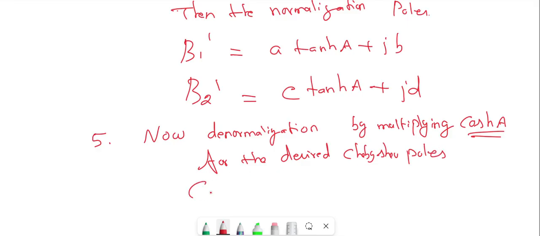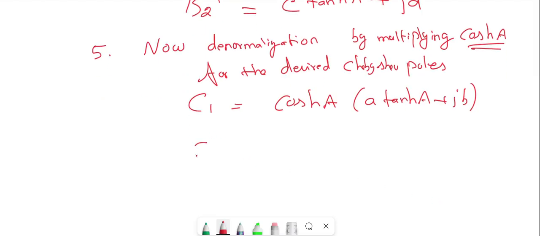So now C1 is equal to cosh A of A tanh A plus jB, and C2 is equal to cosh A of C tanh A plus jD.